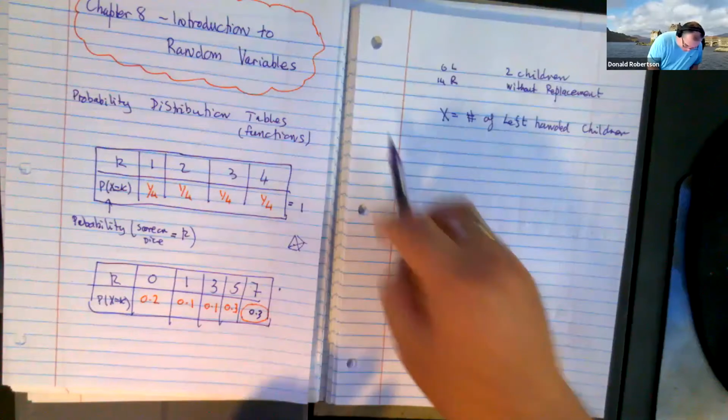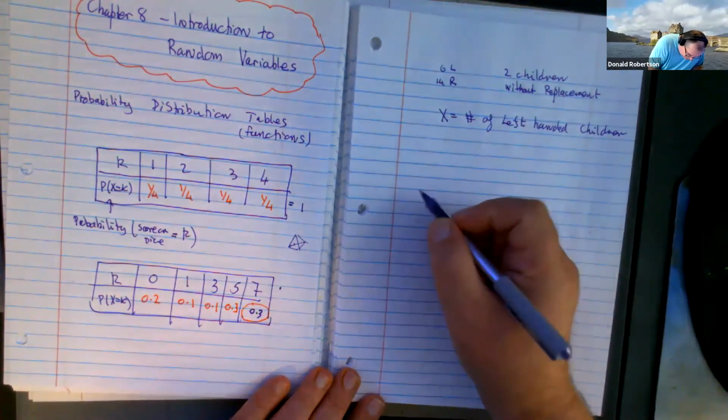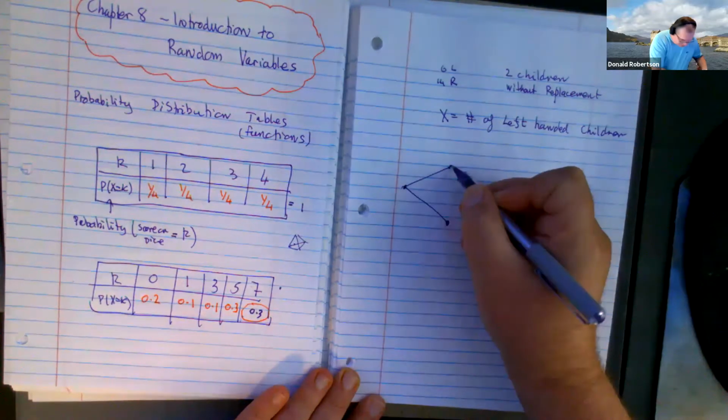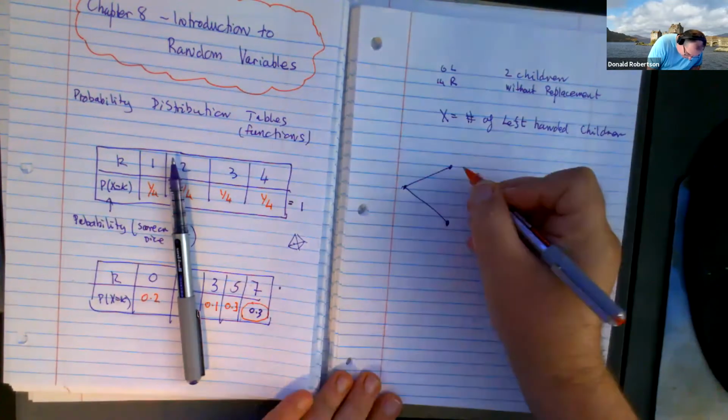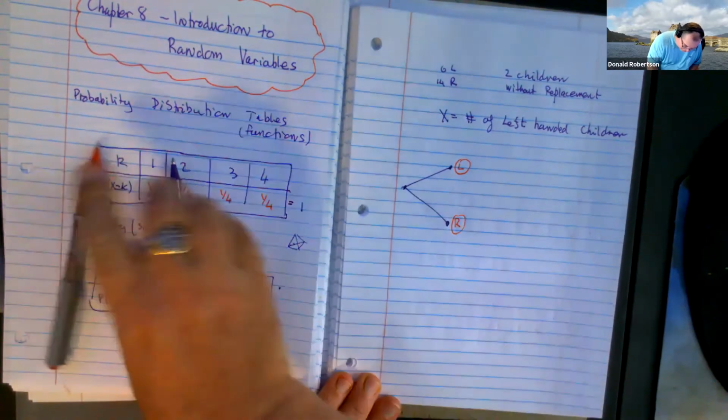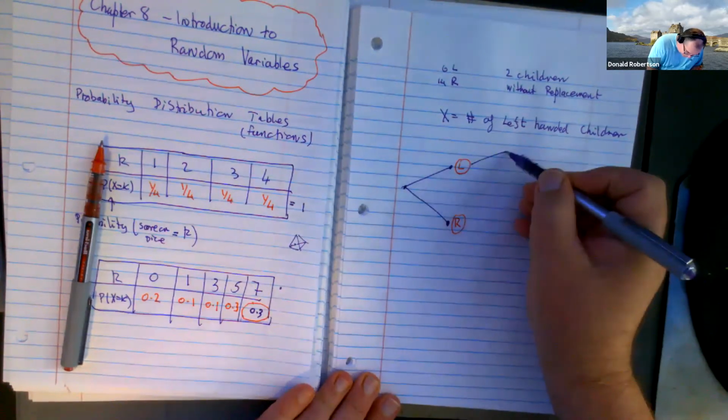So I've taken that story and I've basically written down everything I need. So here we go. I am going to create a probability tree. You need to create one of these because it's really the only practical way of coming up with these probabilities.